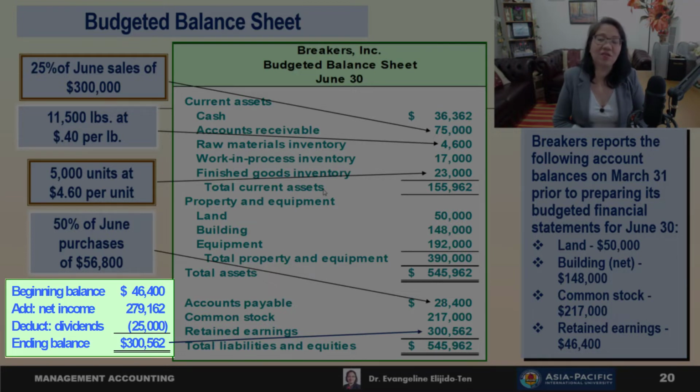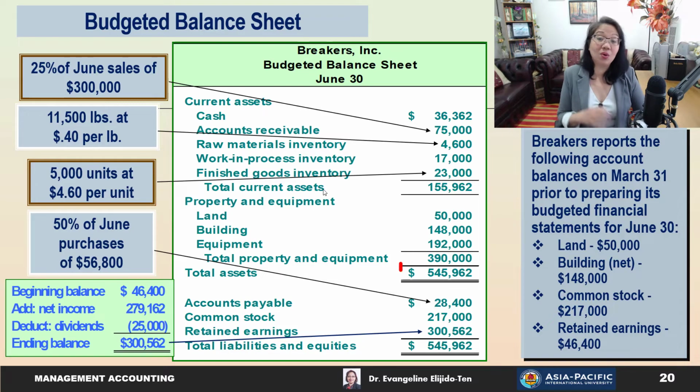So that would give us an ending balance for retained earnings of $300,562. So your total assets is equal to your total liabilities and equities, $545,962. All right, so that concludes Learning Objective 3.